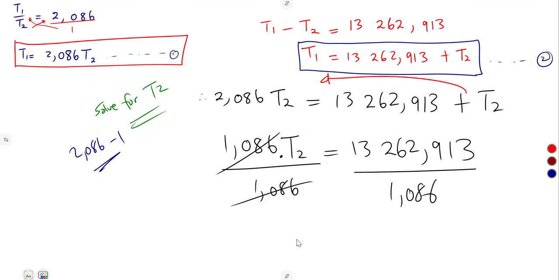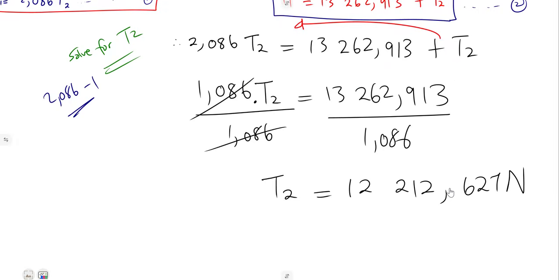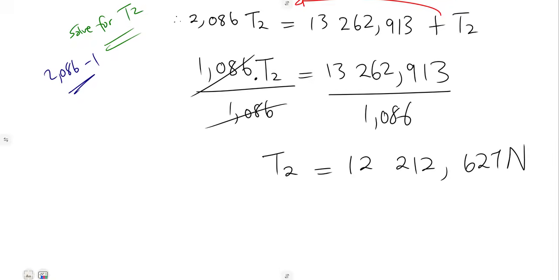So this is it. Our T2 is equal to, divide here. And also rounding off to 3 decimal places, that was going to be 12,212.627 Newton. So remember, this is the tension that we have on the slack side, of which you can even convert to kilonewton, guys, as we have got this too big.